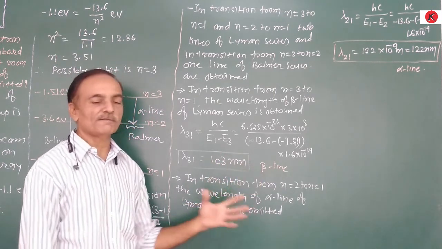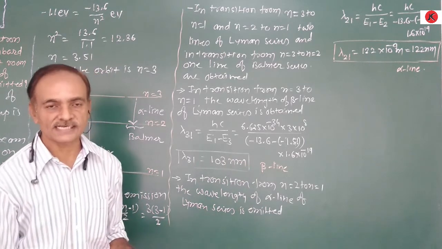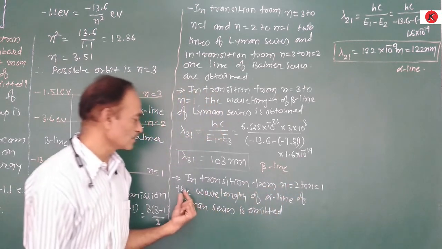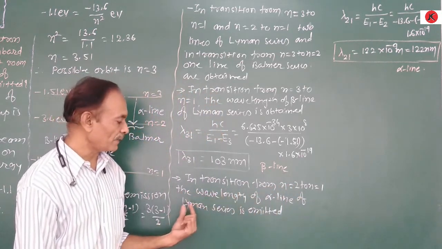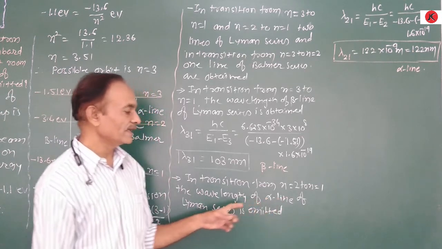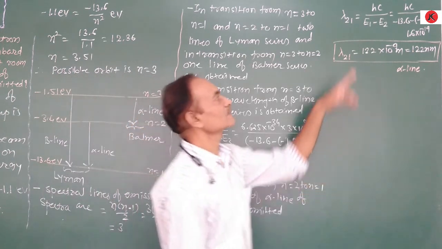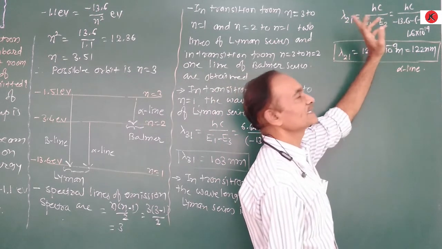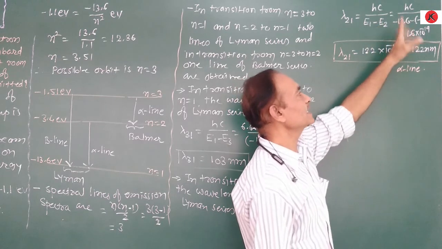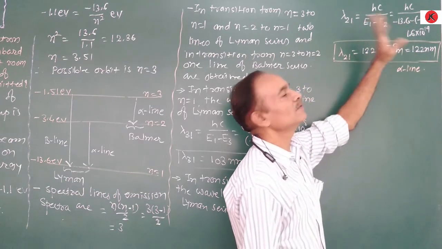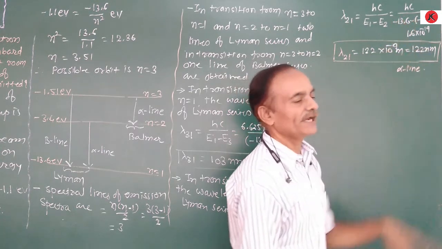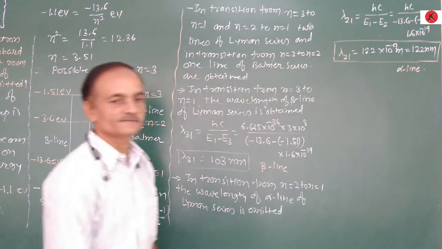That is the wavelength of the beta line in the Lyman series. In transition from n equal to 2 to n equal to 1, the wavelength of the alpha line of the Lyman series is emitted. How do we calculate it? Lambda 21 is equal to hc upon E1 minus E2, that is minus 13.6 minus minus 3.4. If we simplify, we obtain 122 nanometer.